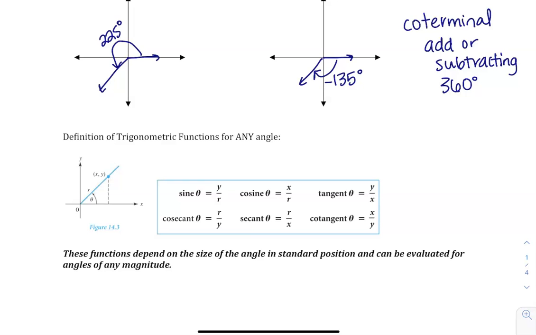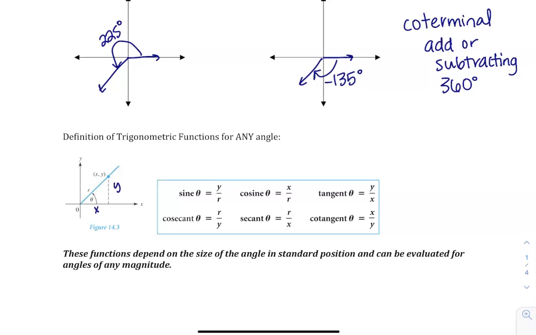So I want you to imagine you have this angle, this terminal side, and since we're in a coordinate plane, it's going to have some x and some y coordinate. Now remember, the x is the distance traveled on the x-axis, and the y is the distance traveled in the y-axis. Now, x and y can actually be positive or negative depending on where you are in the coordinate plane, so we do need to be prepared for that.